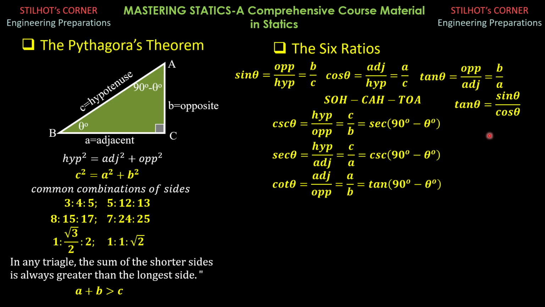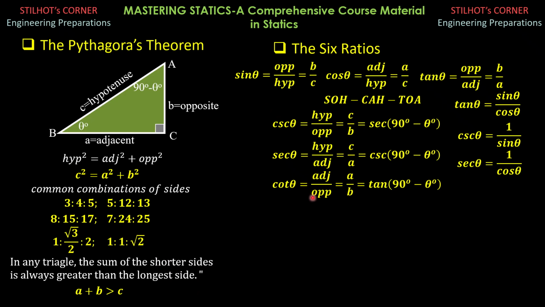So it is the reciprocal of sine theta. Cosecant theta is 1 over sine theta. Secant theta, if we divide C here by C, so C over C is 1, then A over C is cosine theta from here. So secant theta is 1 over cosine of theta.